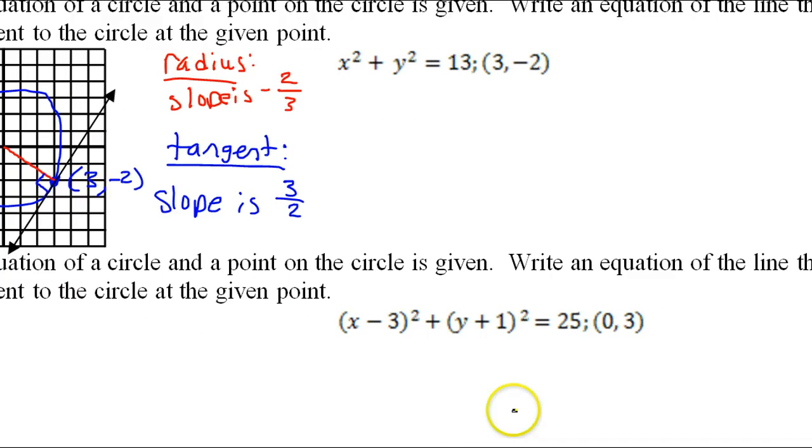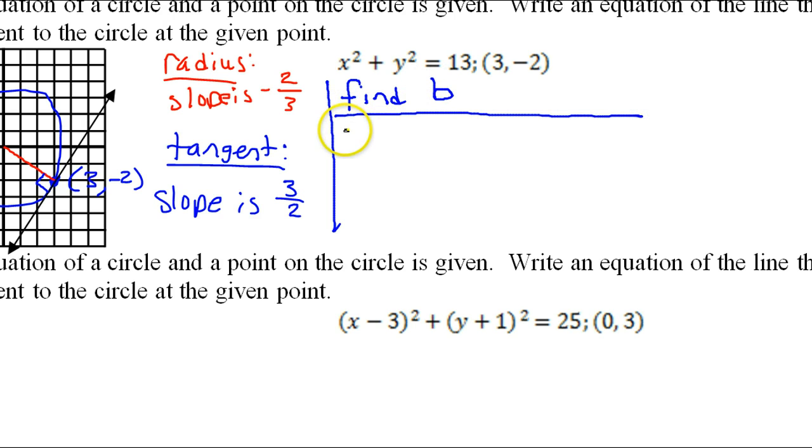Then you can go ahead and find the equation using y equals mx plus b. Next I'm going to find b, because we know y equals mx plus b is the model for a line, and the tangent is a line. So for y, I can use negative 2.